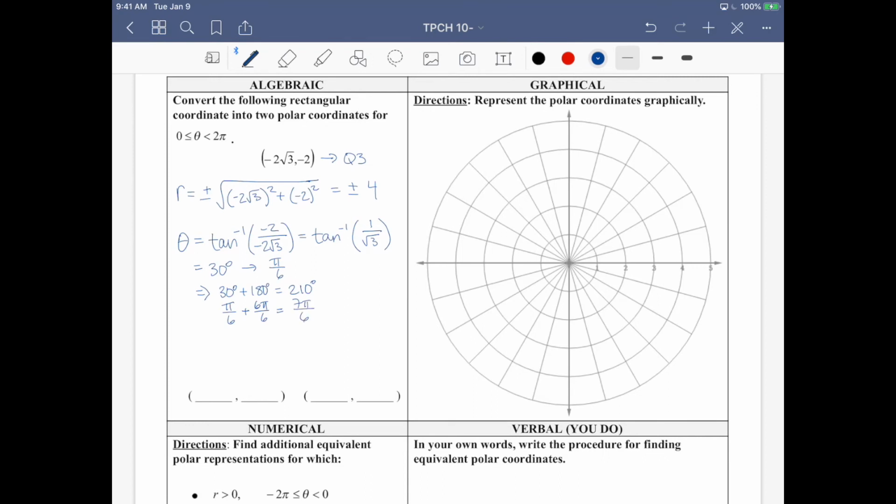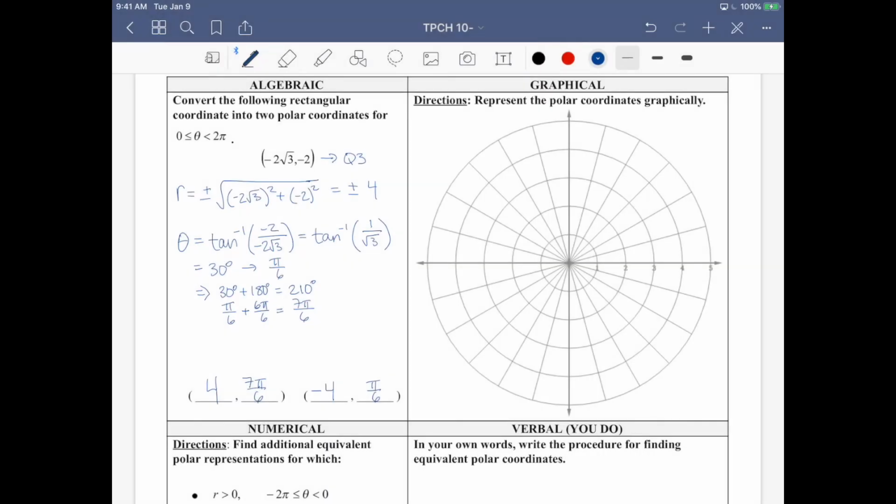And 210 is the equivalent of 7 pi over 6 in radians. All right, so I'm going to use the radians for my final answer. I want the positive radius to be where I actually am, so positive 4, with the angle 7 pi over 6. So that means negative 4 will be with the angle pi over 6.